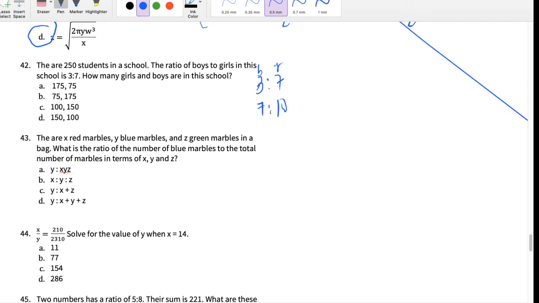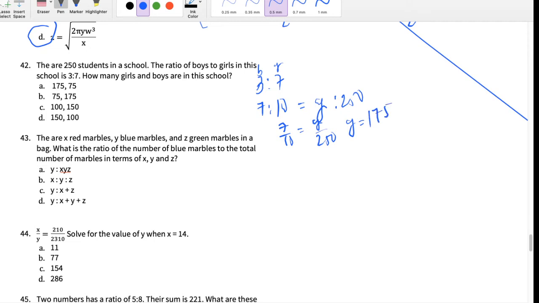So for every 10 students, you have 7 girls. Okay? This should be equal to number of girls is to total number of students. So, may direct proportion ka lang dito. 7 over 10 is equal to G over 250. Multiply both sides by 250. Magkakaroon ka dito ng 25 times 7 kasi magka-cancel lang yung 10. So, G is equal to 175.